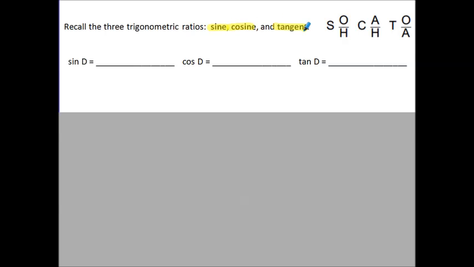and also our mnemonic, SOHCAHTOA. And what SOHCAHTOA says is that the sine of an angle D is the ratio of the length of the opposite side over the hypotenuse.